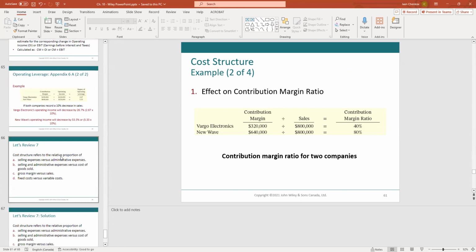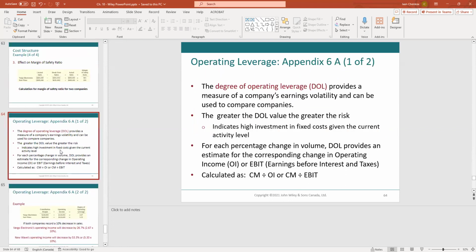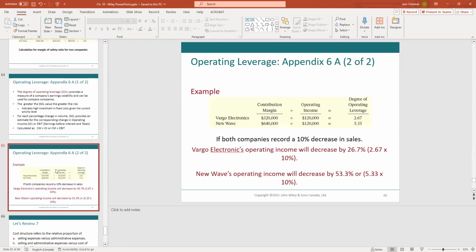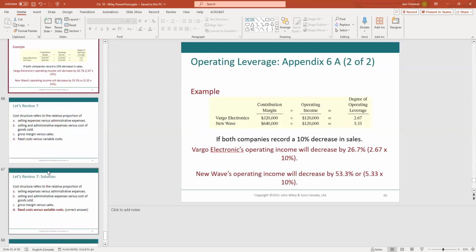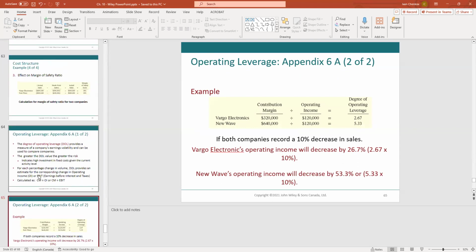And that is related to the operating leverage. It means if I change my sales by 10%, how much is going to flow to my operating income? And that will be the last thing for today.